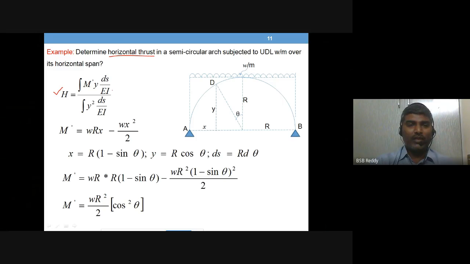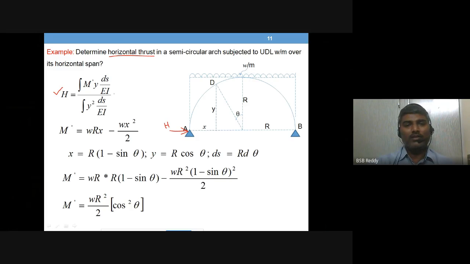The formula we need to apply is H, the horizontal thrust at the springing points, which is equal to integral M dash y ds divided by EI, divided by integral y square ds by EI.